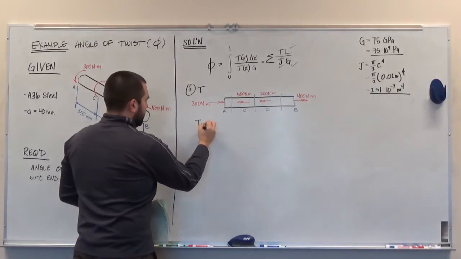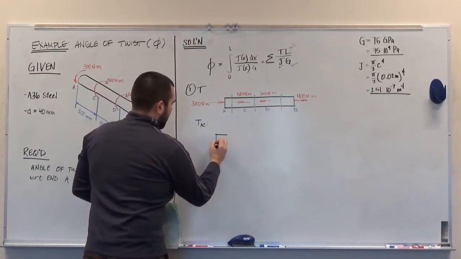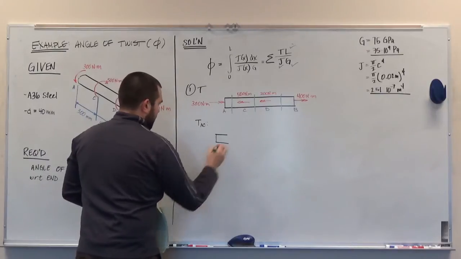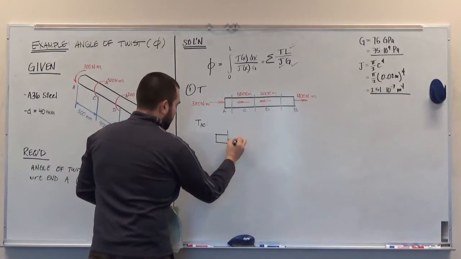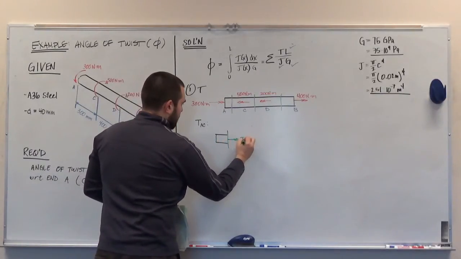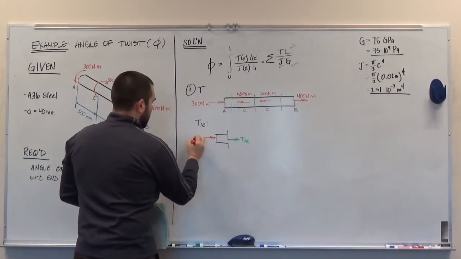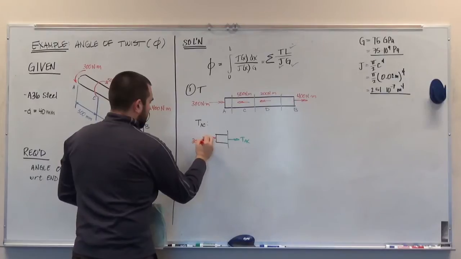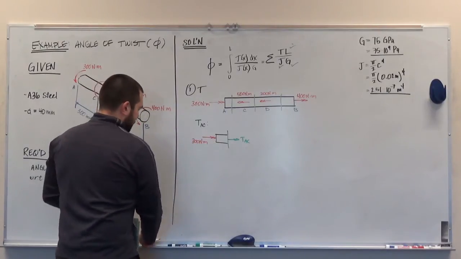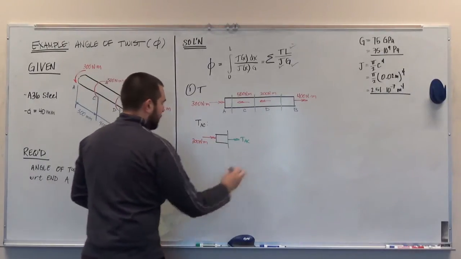So for section AC, my free body diagram is pretty straightforward. Here's my section cut right here, my internal torque. I will point away from the section cut itself. I have my 300 Newton meter external torque still applied. I'm going to sum the moments.